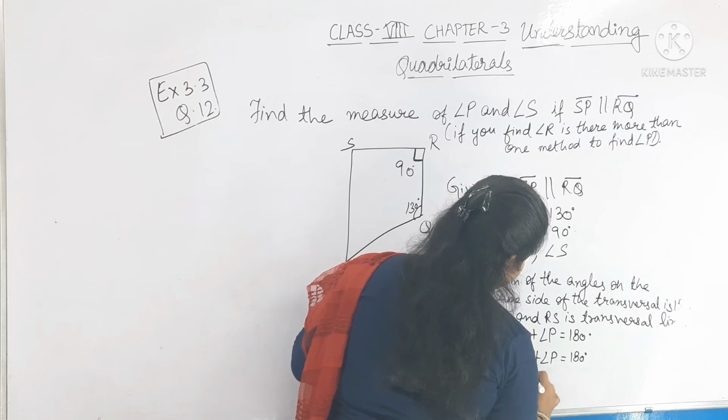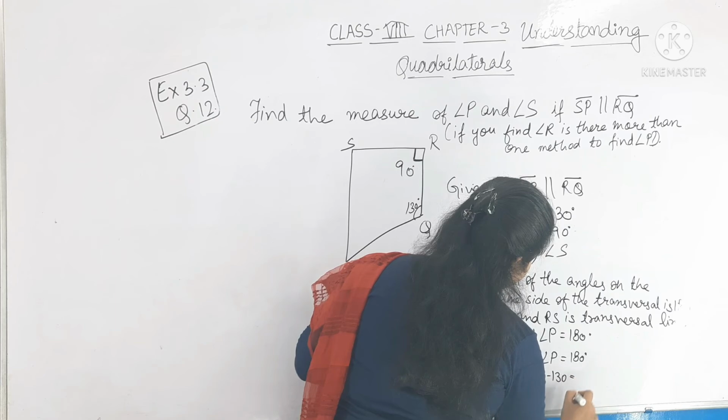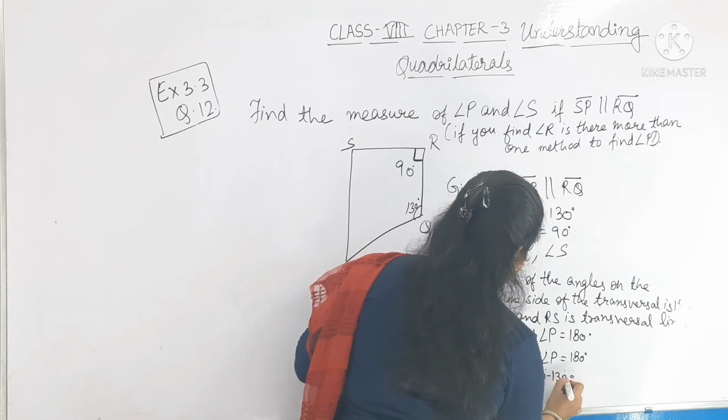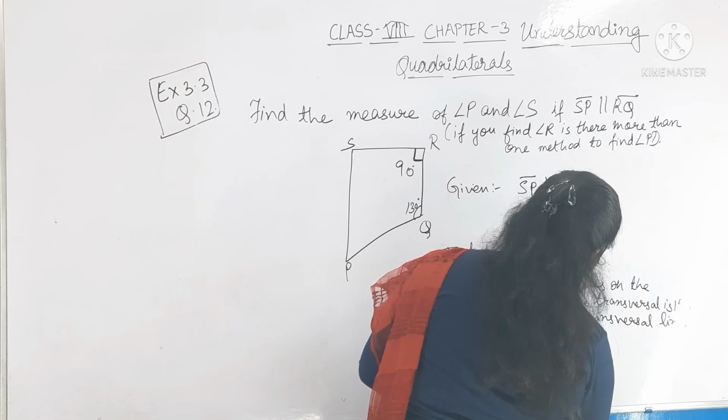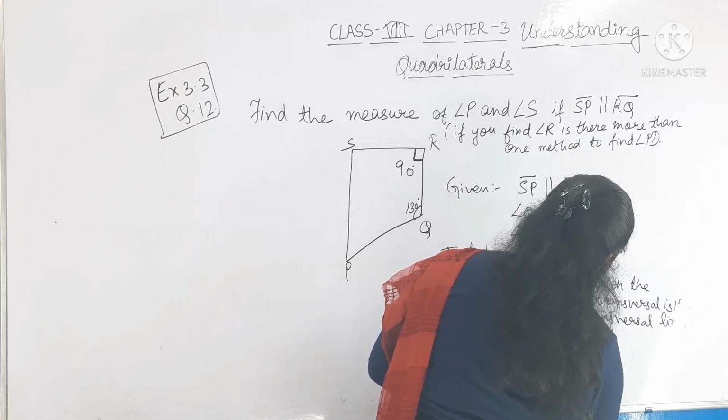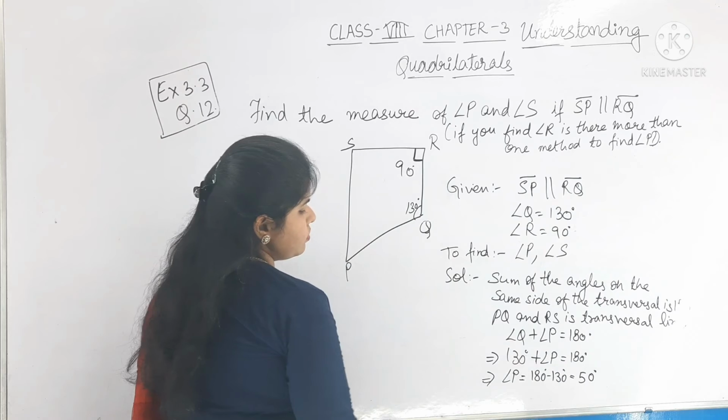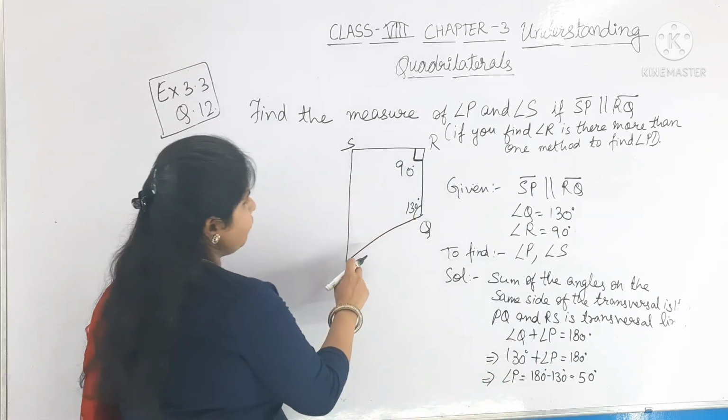Angle P is equal to 180 minus 130, which is 50 degrees. So I am getting angle P equal to 50 degrees.